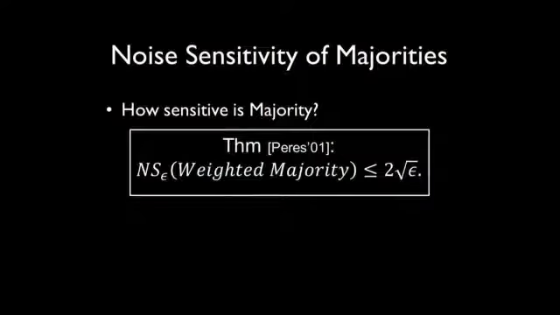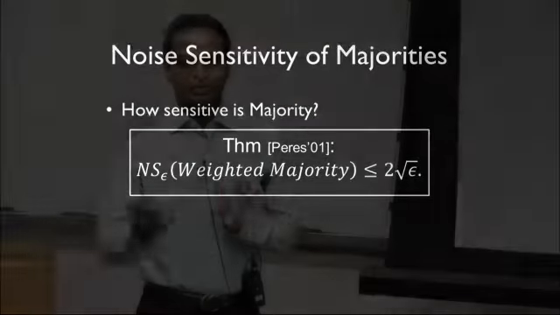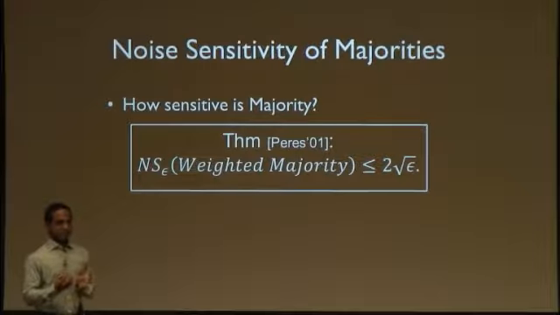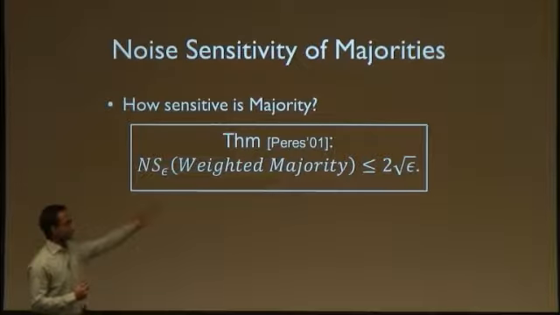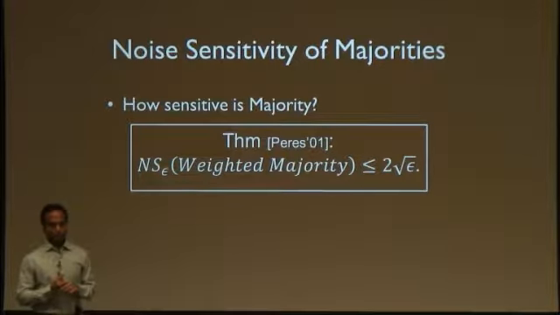And here I want to talk about noise sensitivity of majorities, or more generally, weighted majorities. And here Peres showed that the noise sensitivity of any weighted majority with noise rate epsilon is at most 2 times square root of epsilon.